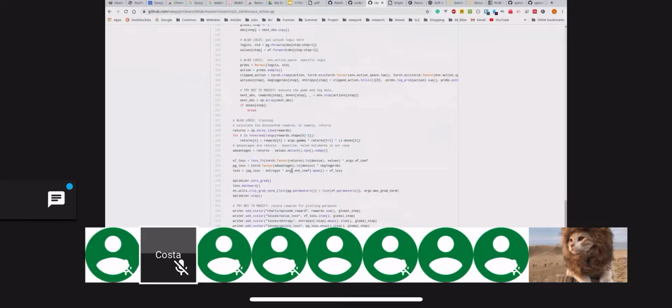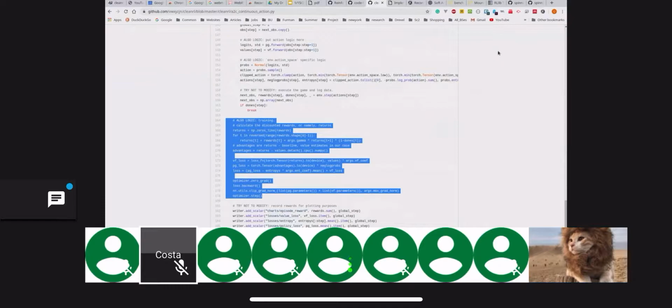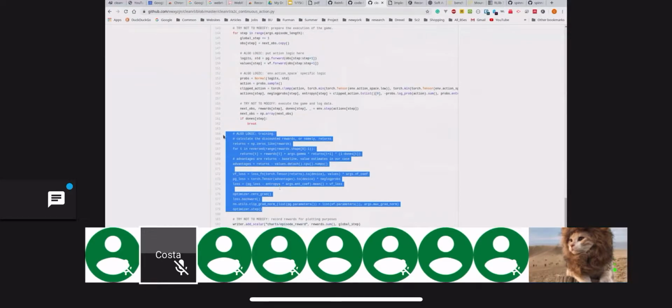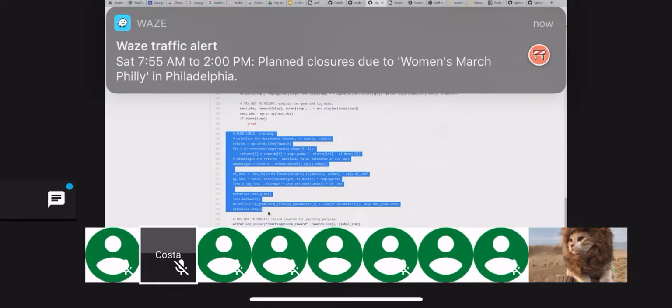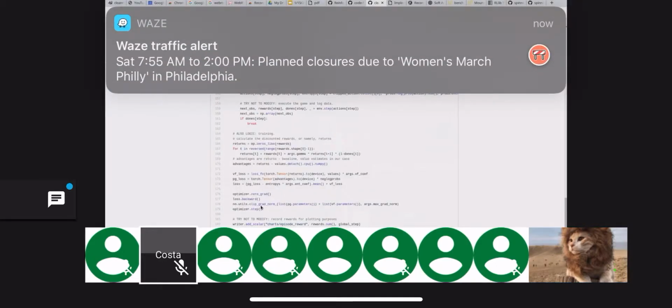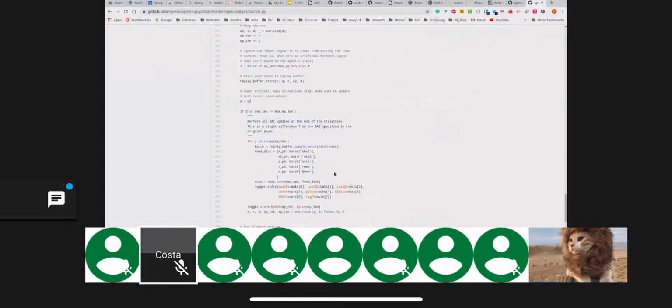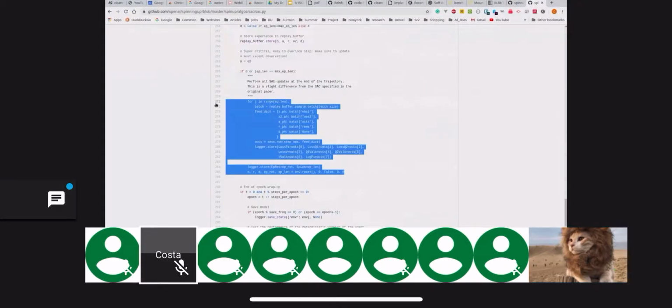So essentially, okay, I see. But I was just going to mention, if we're using the new style, the SAC style, essentially this part of the code will go into here, and that's it.